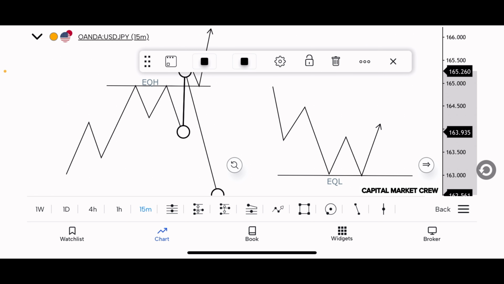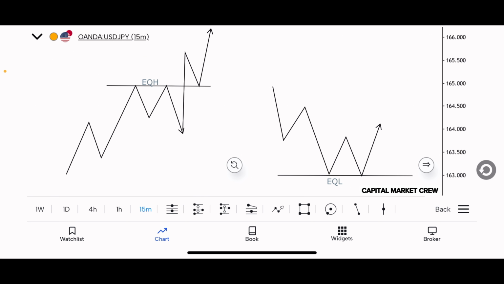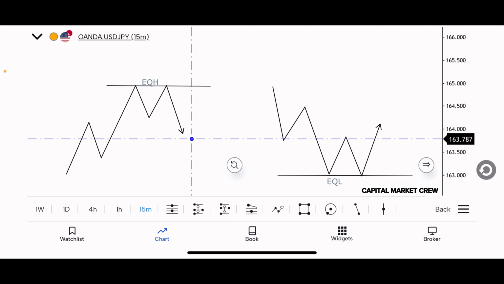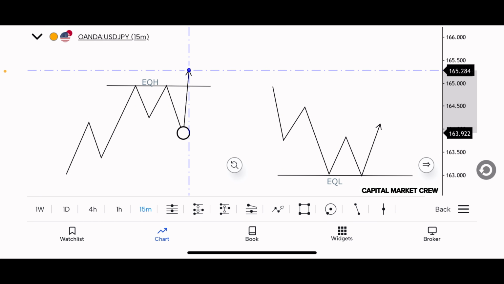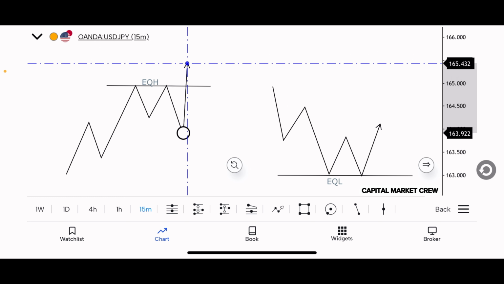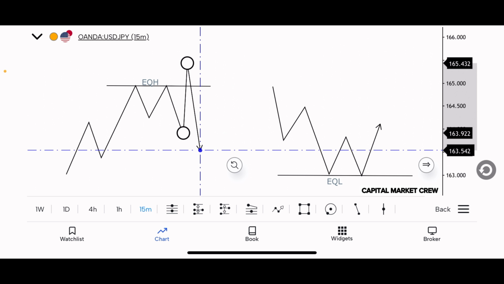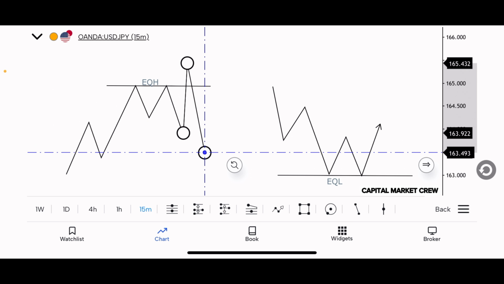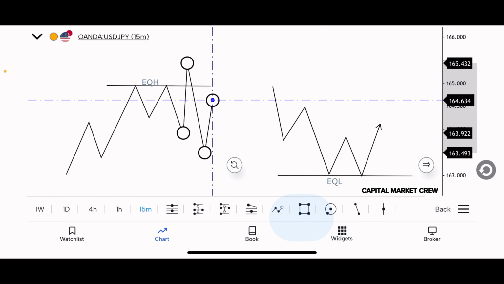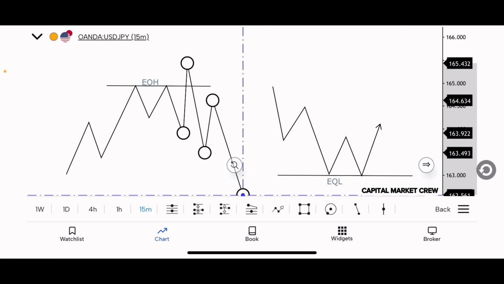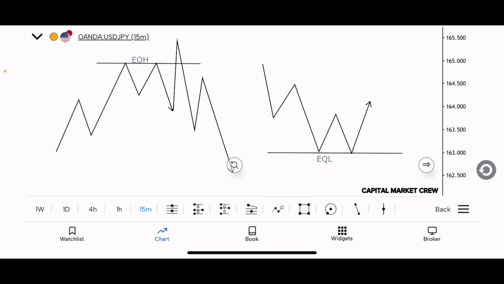So in this scenario, once we see the clear picture, knowing that the market is bearish and we want to sell, we wait for the market to take out the liquidity here, come back here to break this structure, changing character, then we enter from here, targeting the opposite side, something like this. Same thing applicable to the equal low liquidity.